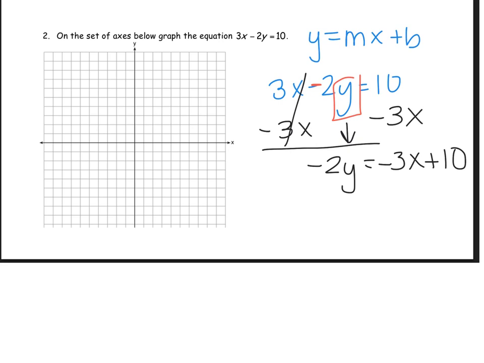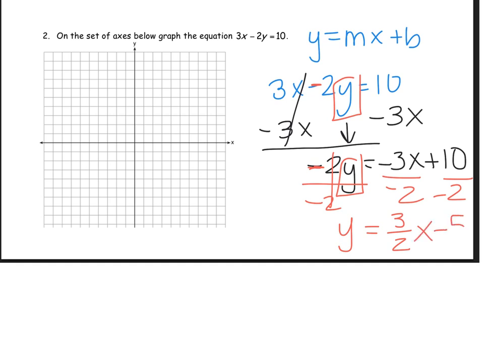Now, make sure you understand this is a negative 2y. So to get the y by itself, we're going to divide everything by a negative 2. So now, the negative 2's will cancel out, leaving you with y equals positive 3 over 2 x minus 5.